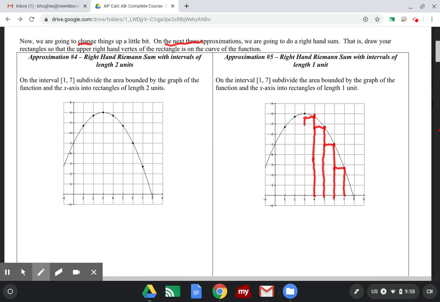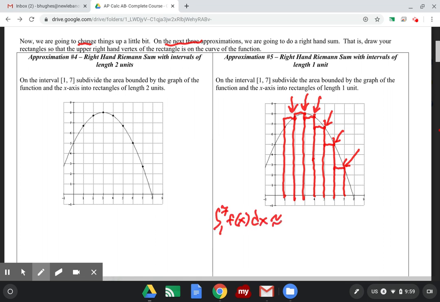And we're going from 1 to 7 still. So there would be all of my rectangles that I need to find the areas of. Notice that the top right corner of every single rectangle is on the actual curve. So we would have the area from 1 to 7 of our curve is going to be approximately, the width of every single one is 1.